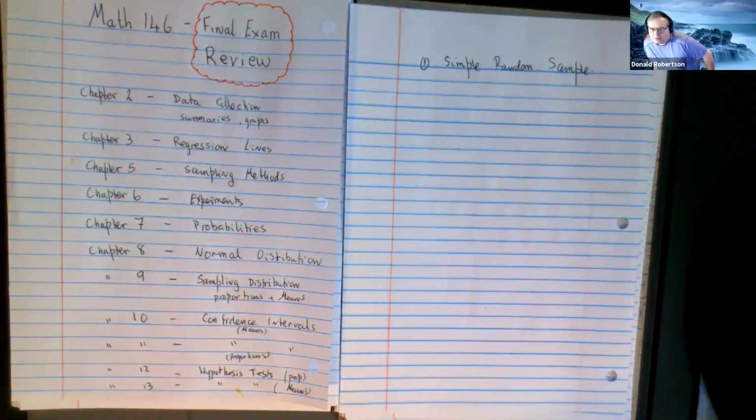Can anybody try and put into their own words what a simple random sample of, say, 100 would be? How would you know you've got one? Silence is deafening. It's a simple random sample.